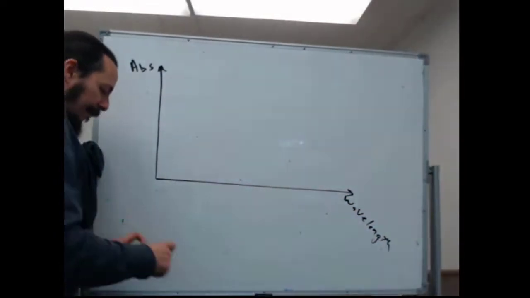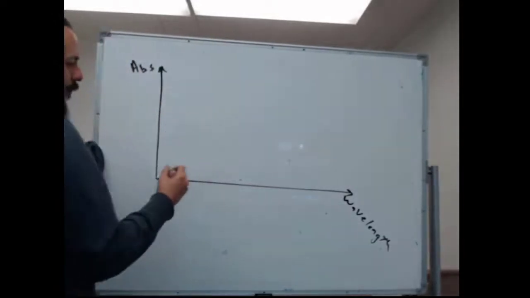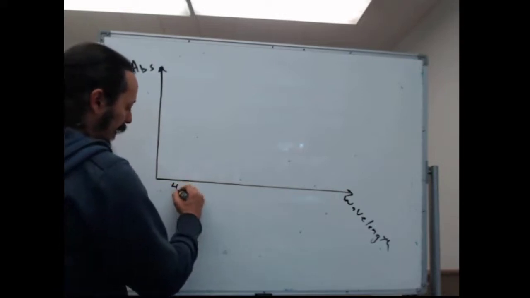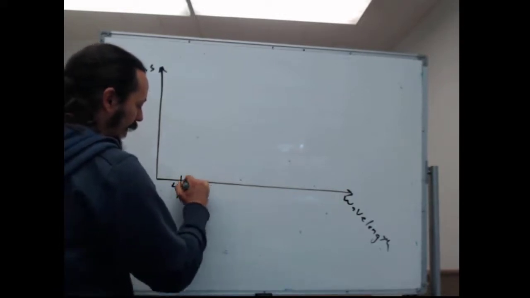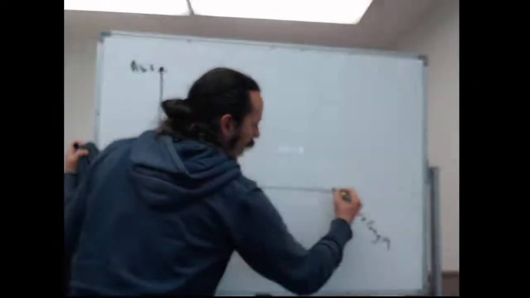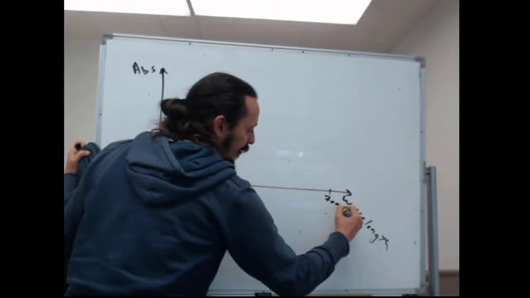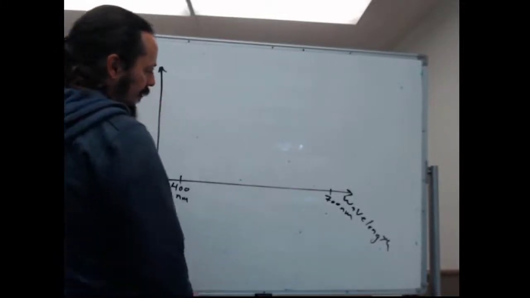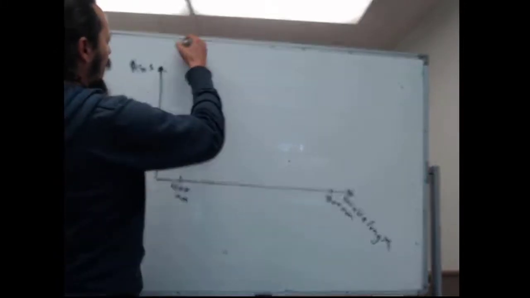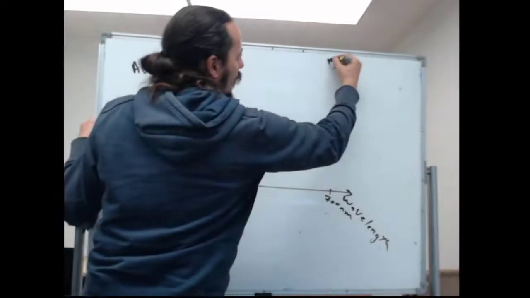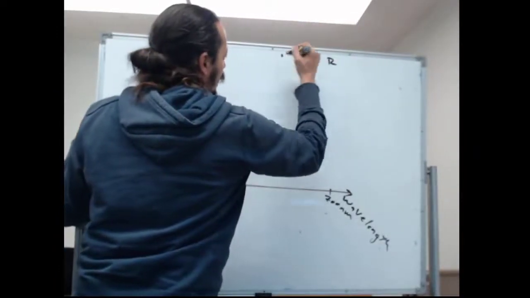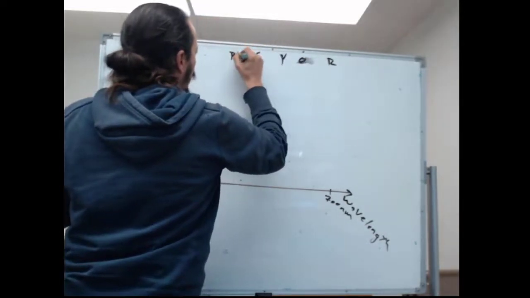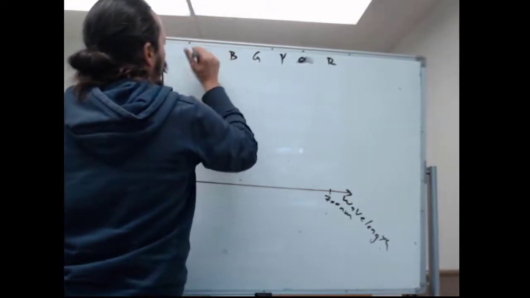If you look at that for the red materials, we're going to have a wavelength range from something like 400 nanometers in purple light all the way up to something like 700 nanometers for red light. And I'm going to break this up a little bit: red, orange, yellow, green, blue, violet.